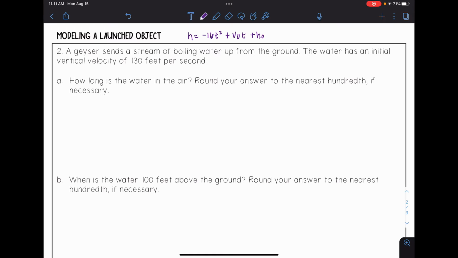Here I see that it is sending a stream of boiling water up from the ground. And so that means my starting height, h naught, equals 0, since I'm starting from the ground. And then it also says the initial vertical velocity is 130 feet per second, and so that is going to be my v naught.